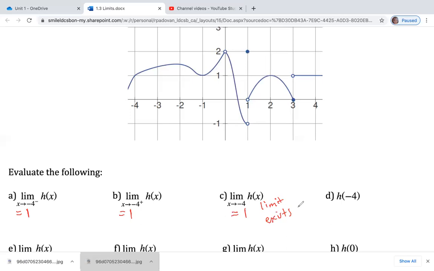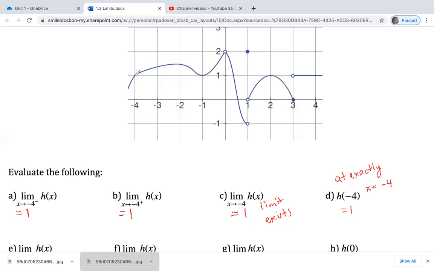So what is the value exactly at h at -4? At the value of -4, my y value is exactly 1. At exactly x equals -4. When x equals -4, what does y equal?